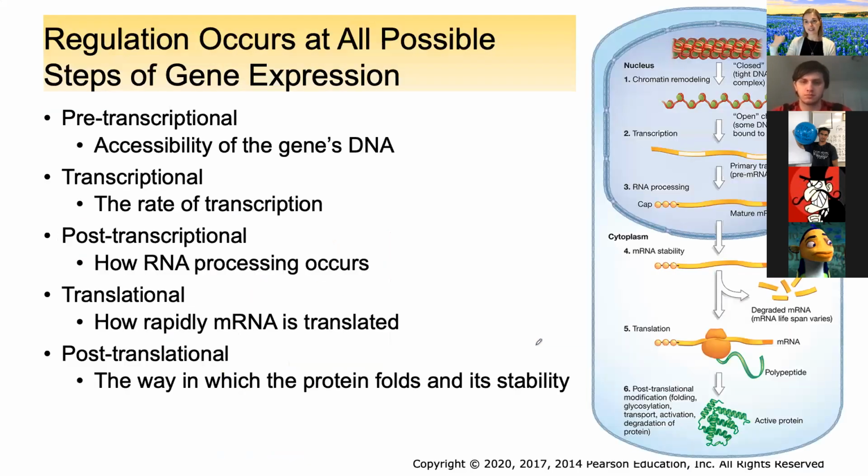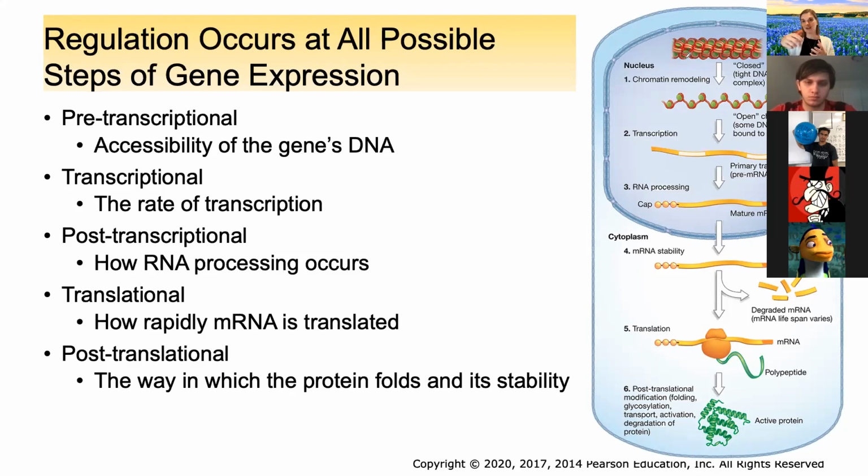And where this regulation occurs within any given cell for any given gene can vary. So again, this is the picture we just looked at a couple slides ago, but I tried to put in a couple different areas here. If we talk about pre-transcriptional, this is looking at how the DNA has wrapped around those histone proteins when it condenses to fit inside of the nucleus.